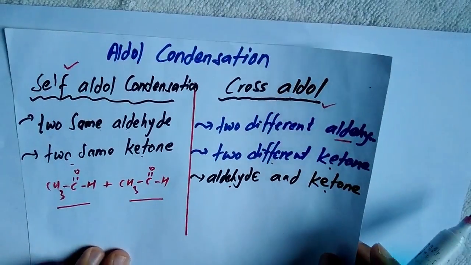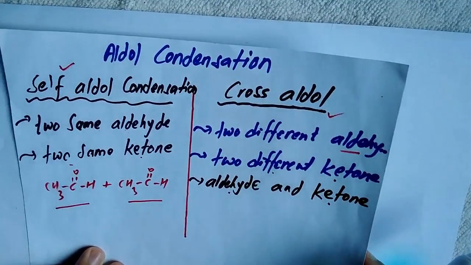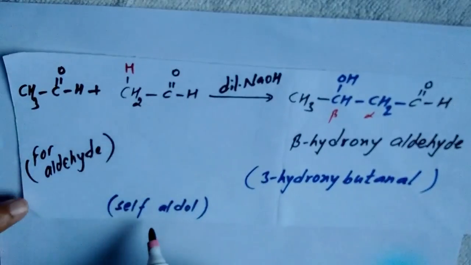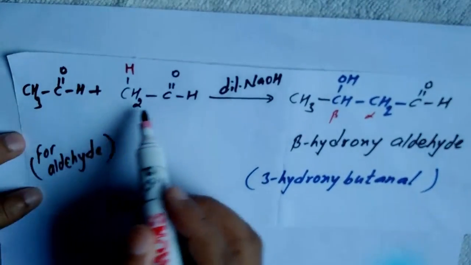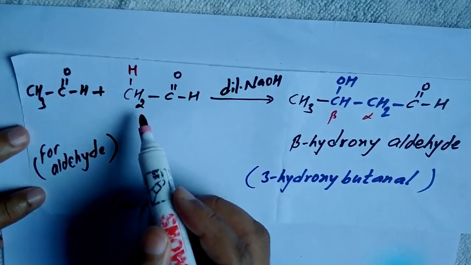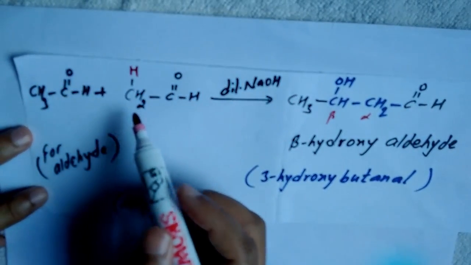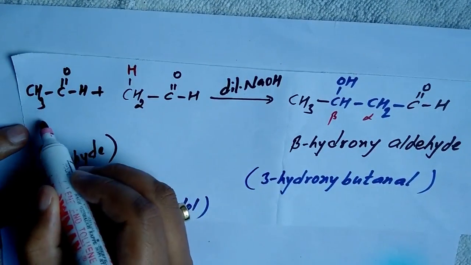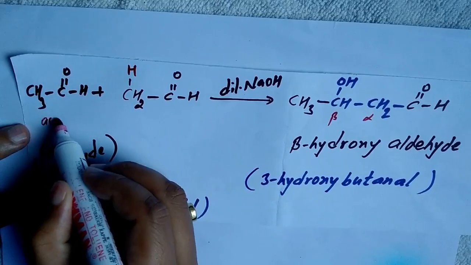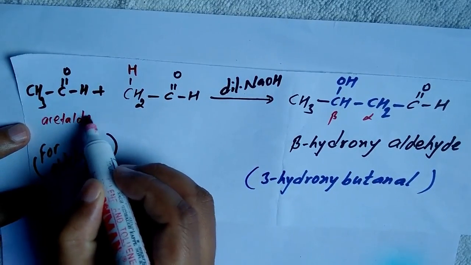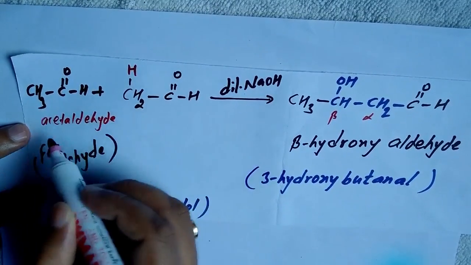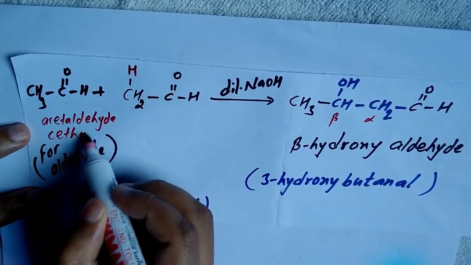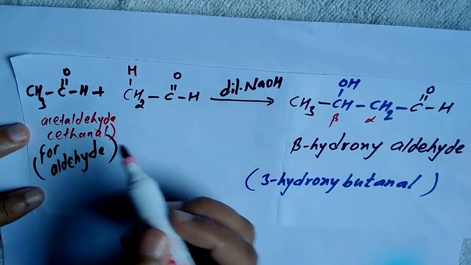Let us see some examples of aldol condensation, starting with self aldol condensation. In self aldol condensation, both aldehydes should be the same and should contain alpha hydrogen. Here is acetaldehyde, or you can say ethanal.